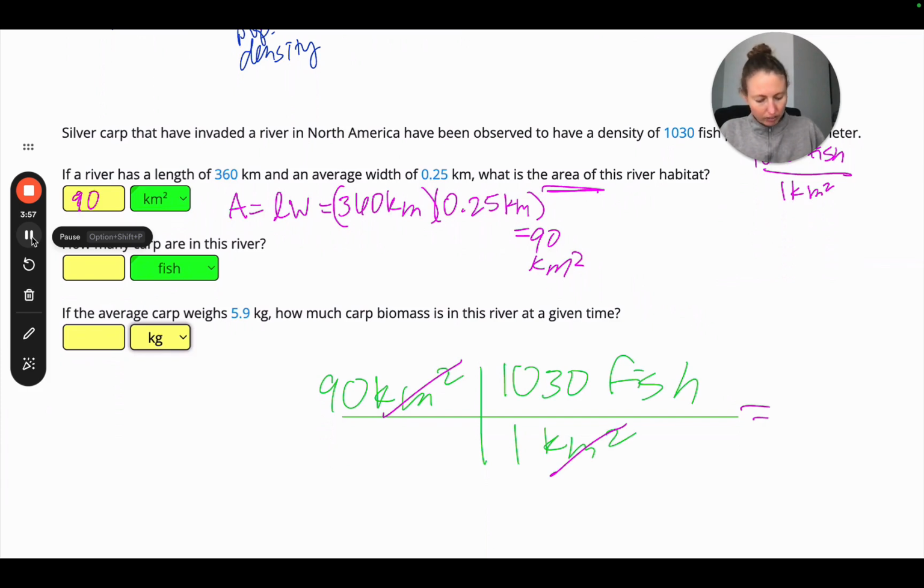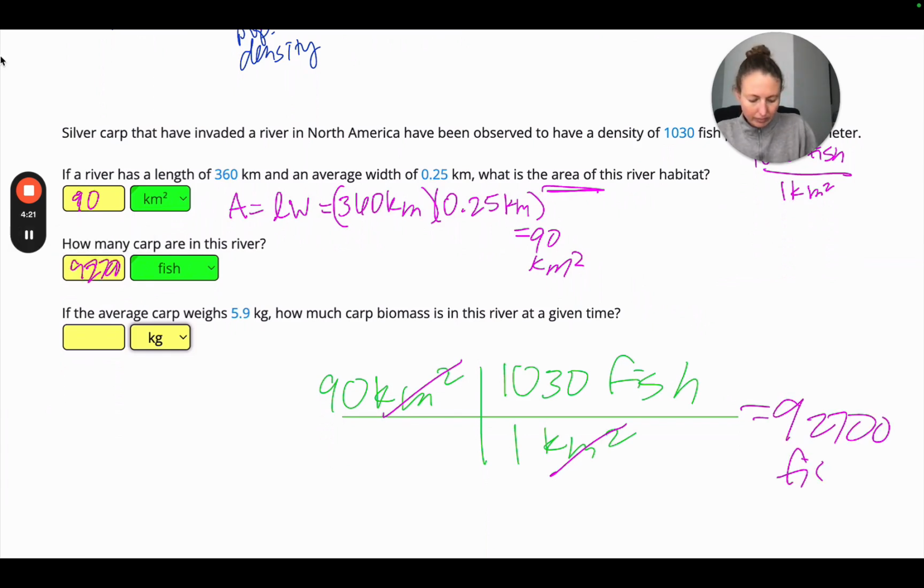So I'm going to do that off to the side. 90 times 1,030, and I get 92,700 fish, and the units for that were fish.